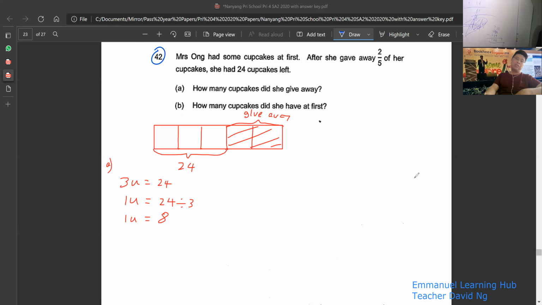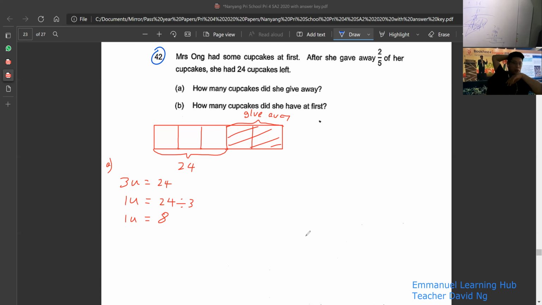Then how many cupcakes did she give away? You're supposed to find how many units? How many cupcakes? How many units are you supposed to find?